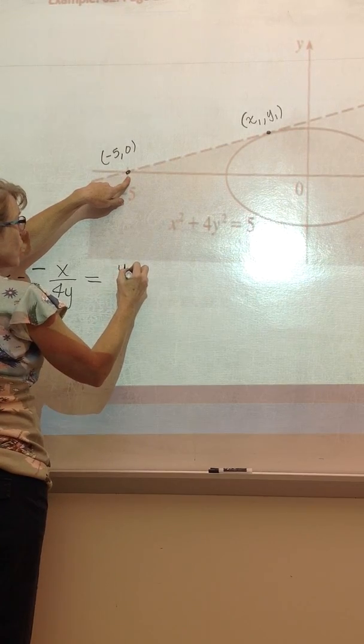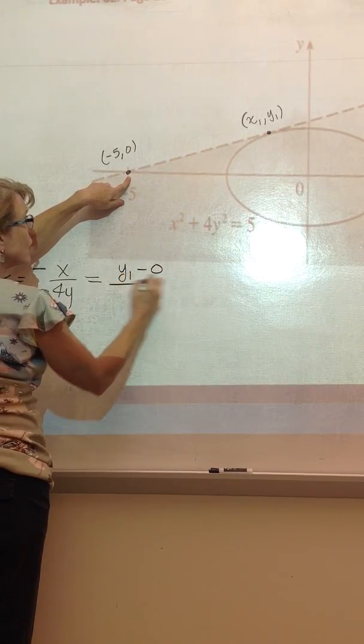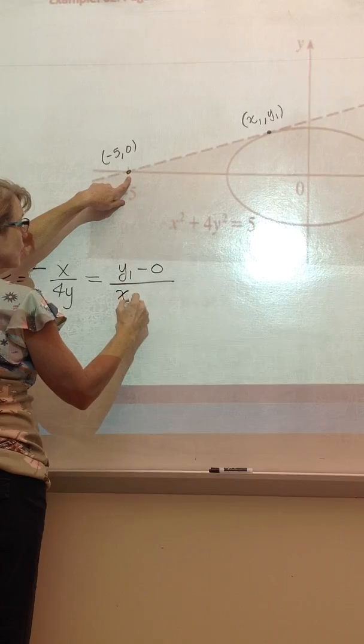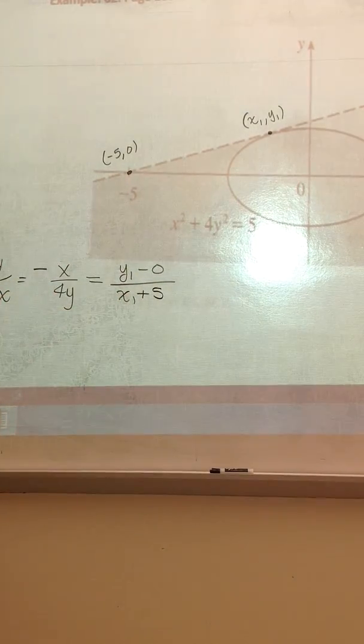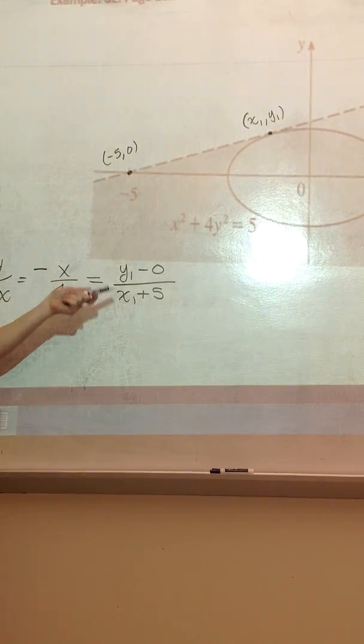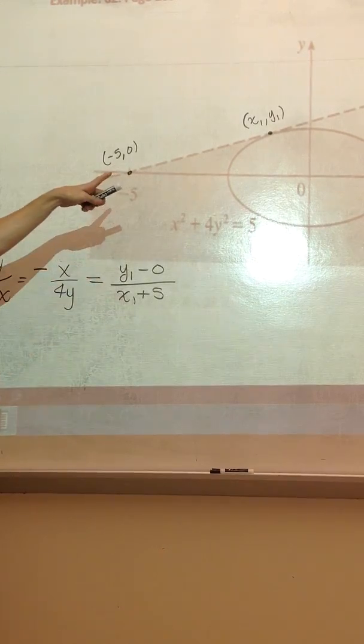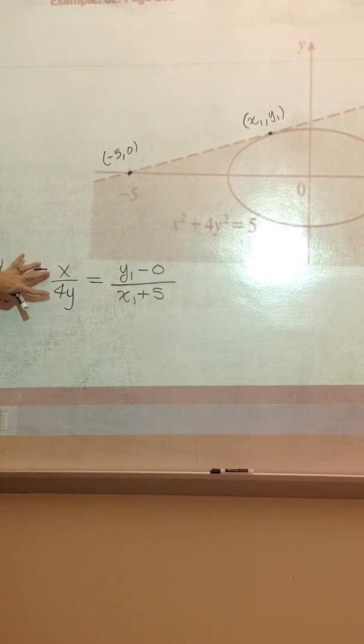So y1 minus 0 over x sub 1 minus negative 5 is plus 5. And so keep in mind, y sub 1 and x sub 1 are a specific point on the curve, whereas this x and y are generic.